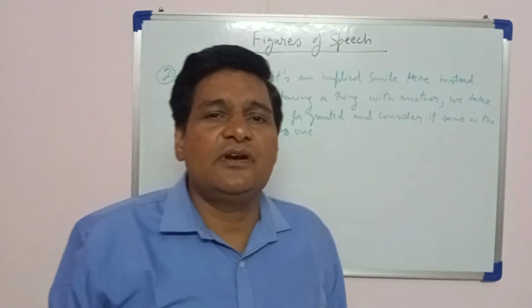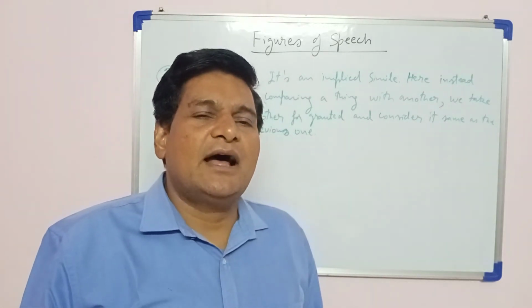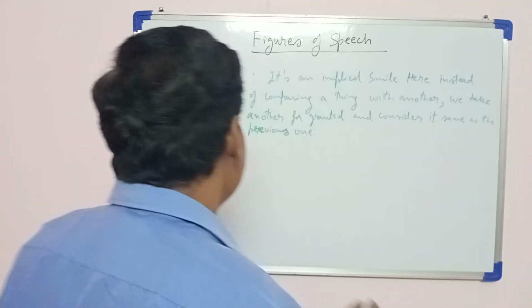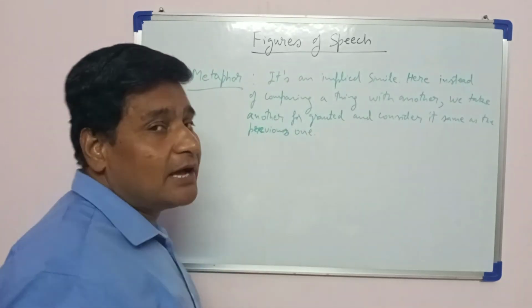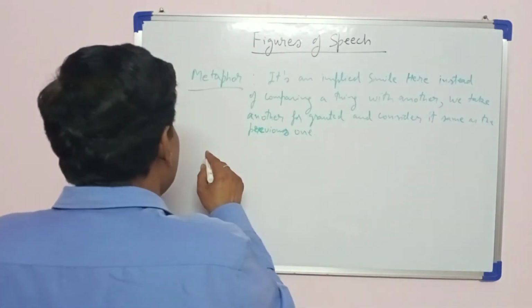Roughly we can say, instead of saying that the other thing is like this thing, we just say that other thing is this. How? We term the other thing by the name of the first thing.